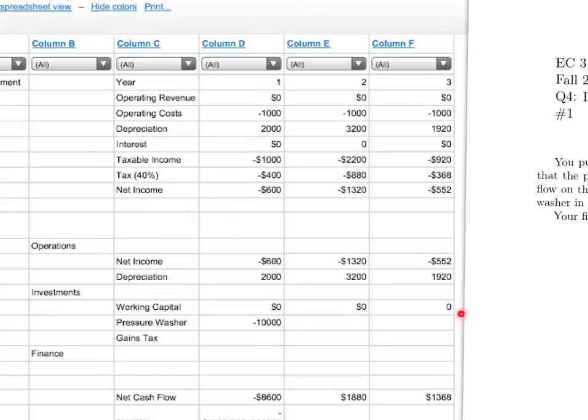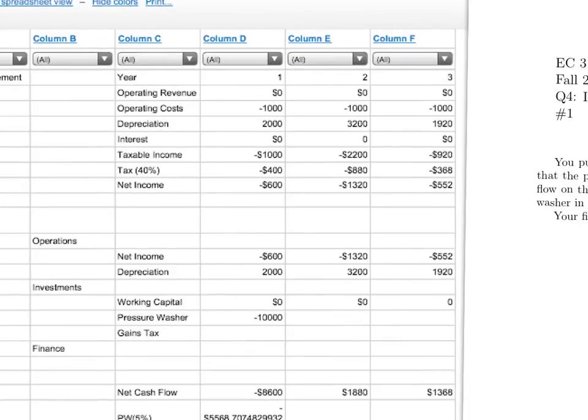Now, we had no changes in working capital. That's a different kind of problem, and all we have to really do is put in this change in cash because we've actually purchased the pressure washer. Sorry, that shows up in the investment section. That's something you should know from the first module of this course. And because we are reducing our cash in order to get it, it will be a negative sign right there.